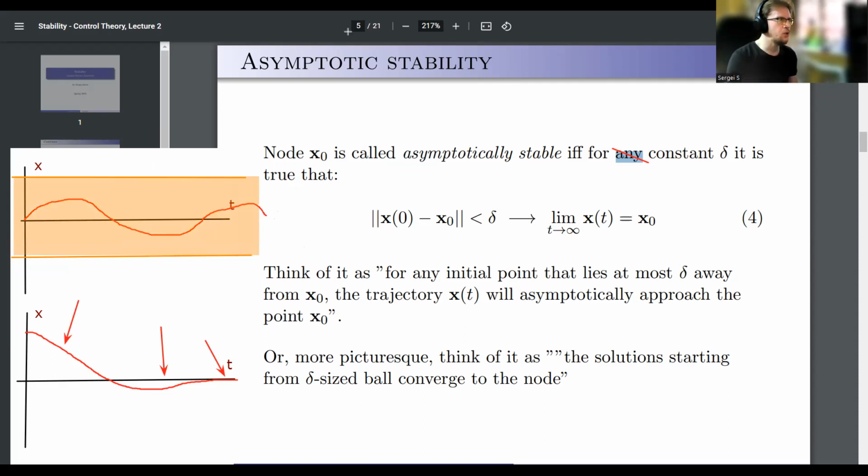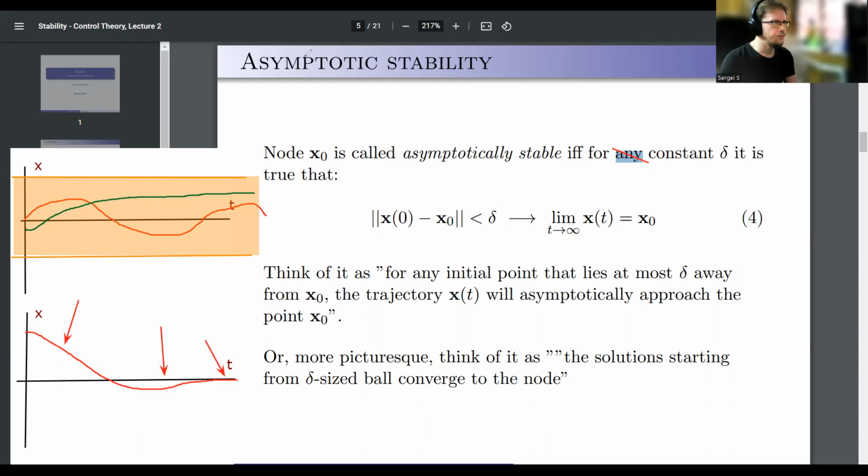The solution can oscillate, or it can converge to something. Another possibility is that it converges to something but doesn't converge to the node. So let's say it goes like this, and it converges to some number, but doesn't converge to the node itself. Let's say the node is denoted by blue.